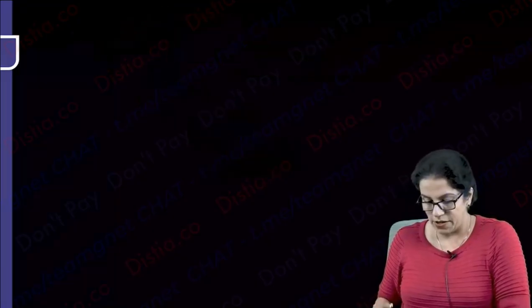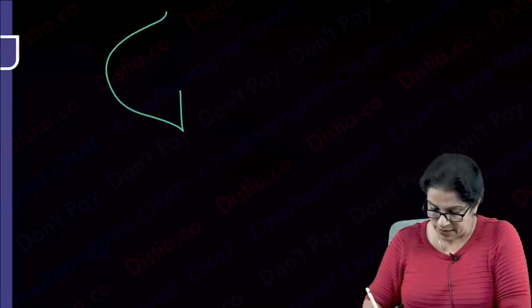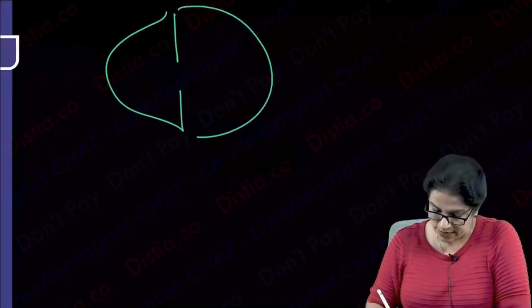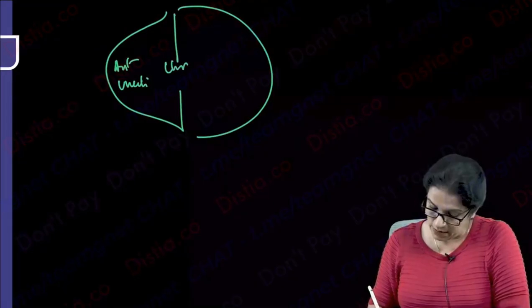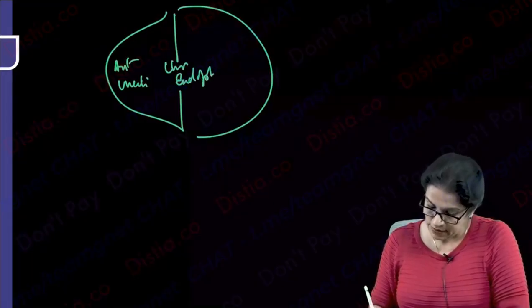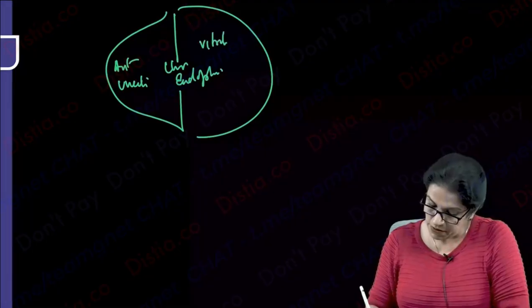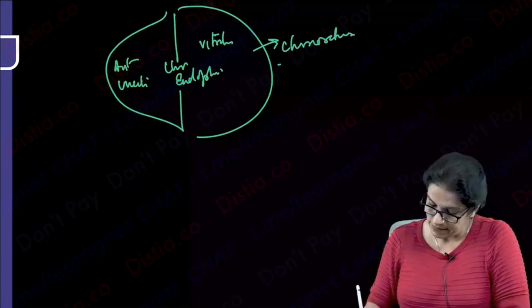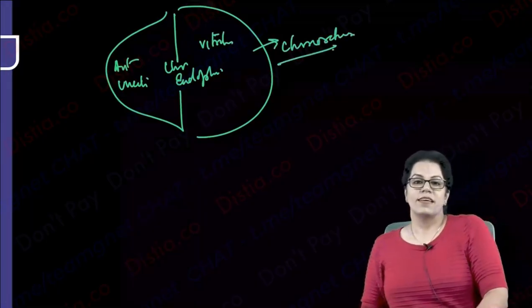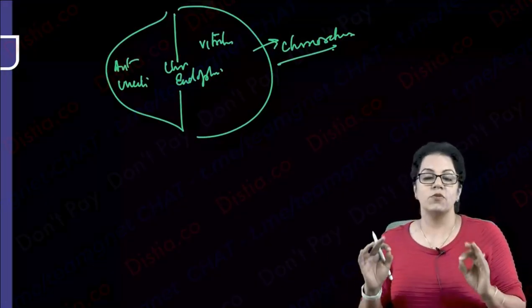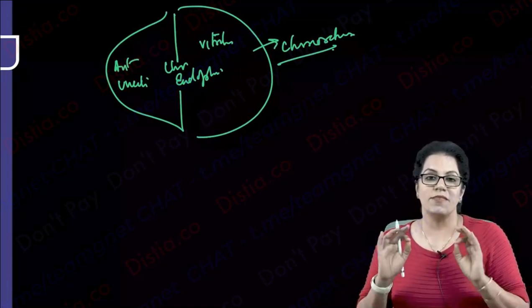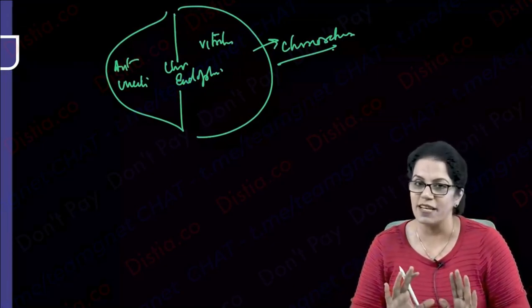If you make a diagram, it becomes easier to learn. You can write anterior uveitis, then chronic endophthalmitis. As part of it there will be vitritis also, and here you get chorioretinitis. So it's almost a panuveitis. So, two main important questions, just keep remembering for toxocariasis, nothing else has been asked.